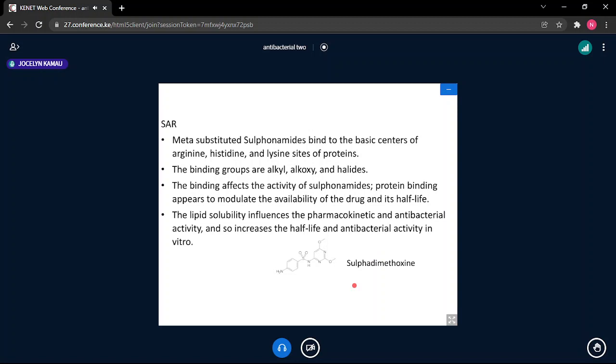When you put a methoxy group or alkyl groups, they will also interfere with the half-life, because this drug will be more strongly bound to proteins. And once it's strongly bound to proteins, it will have a longer half-life. So its binding will affect the activity of the sulfonamides, and also the protein binding will modulate the availability of the drug and its half-life.